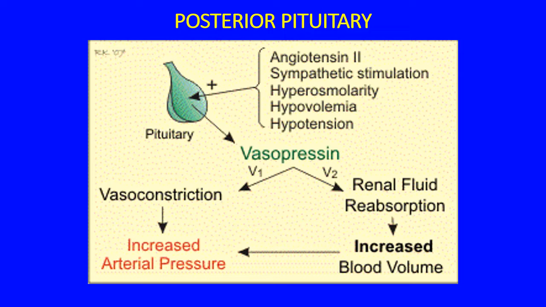It's going to help increase arterial pressure, even if there is blood loss, because you're going to have vasoconstriction. It's going to also sequester more water, and this water is going to be put back into the blood volume to try to keep up the blood volume, even though some of the blood has been lost.